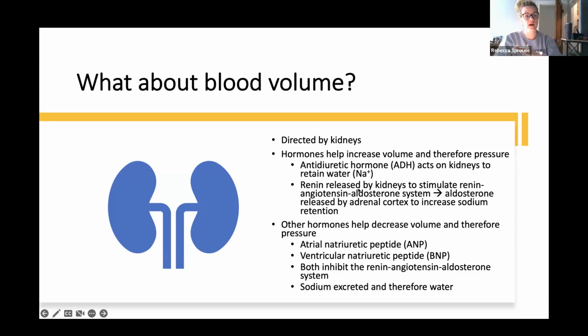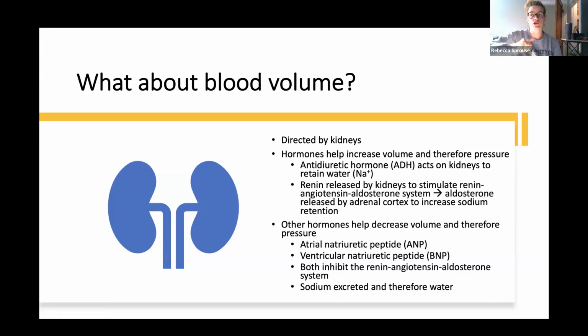Now, how do we correct a high blood pressure? There's a couple hormones that we haven't talked about yet that are responsible for that. They're called ANP and BNP. Both of them are going to inhibit this system. So if we are inhibiting the reabsorption of sodium, we are excreting that sodium in the urine, right?